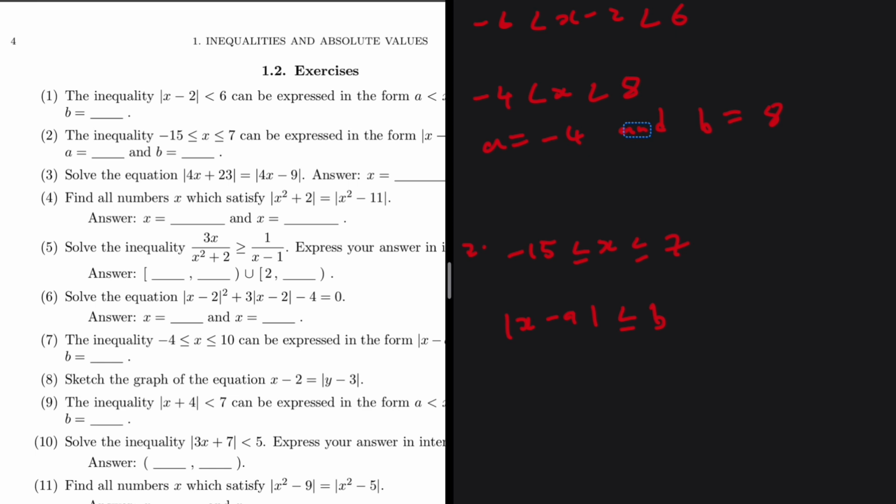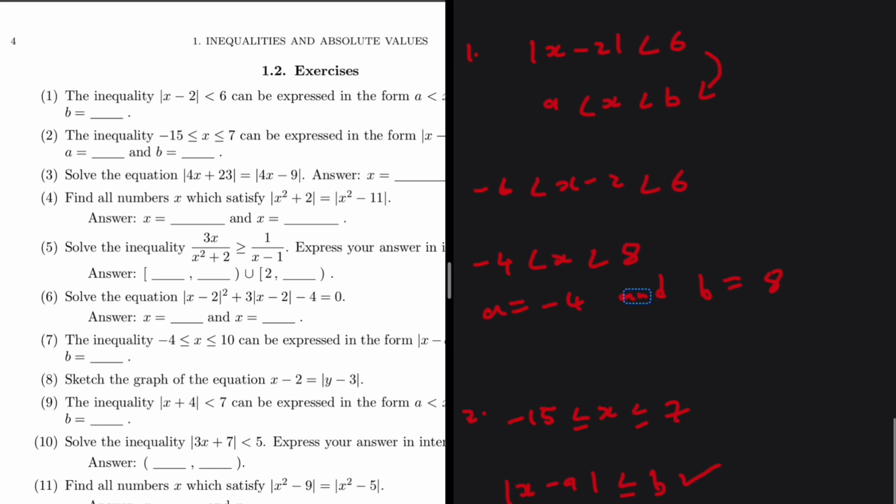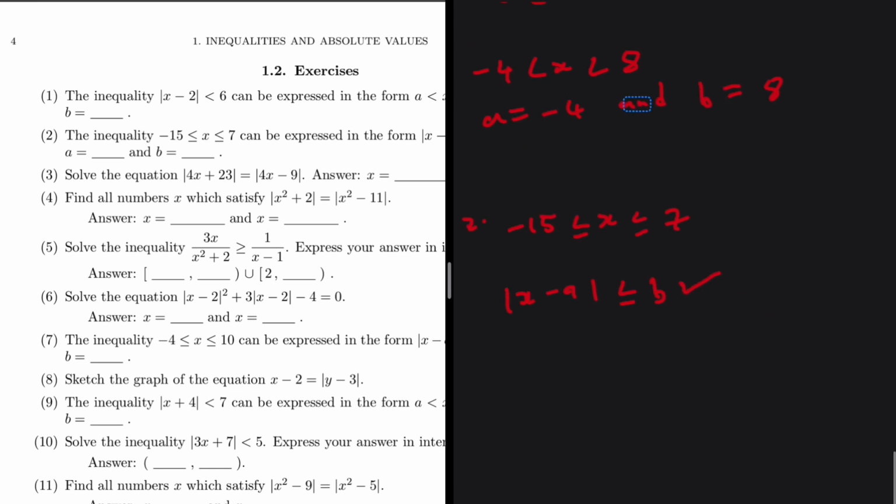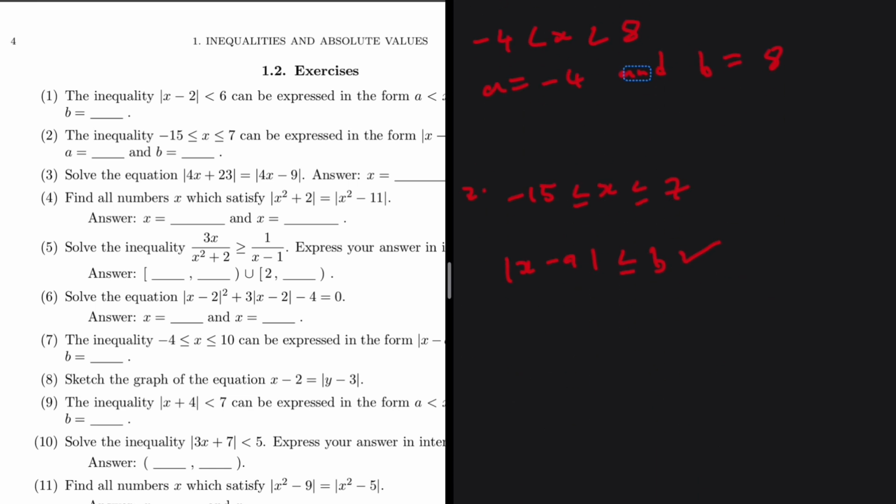So we're looking for the values of a and b. All right, we're given the inequality and we're looking for the values of a and b. In the previous example, we were given the absolute value, obviously with the inequality sign. But now we have this form and we're supposed to find the values of a and b.